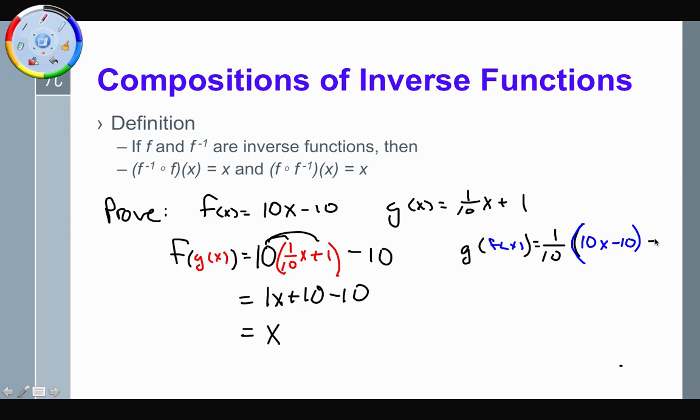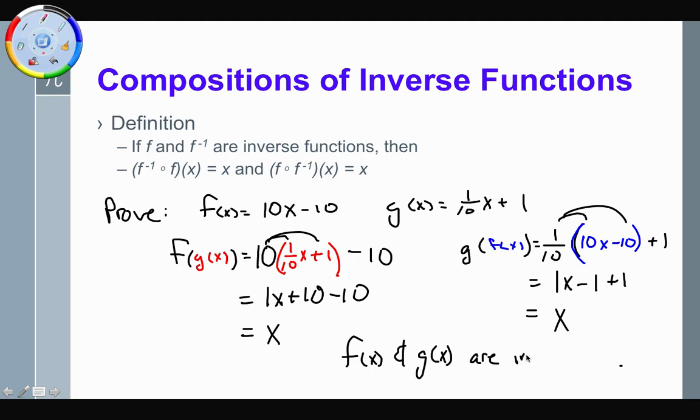And we have our plus 1. All right, we distribute. 1/10 of 10 is 1. 1/10 of negative 10 is negative 1. The 1's cancel, and we're left with x. So this means f of x and g of x are inverses, because when they compose, they come out to x, which satisfies our definition.